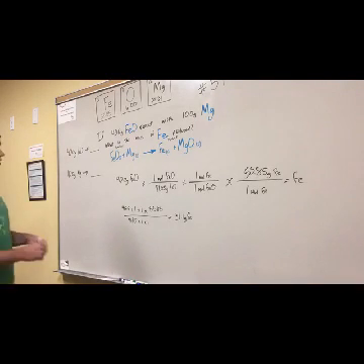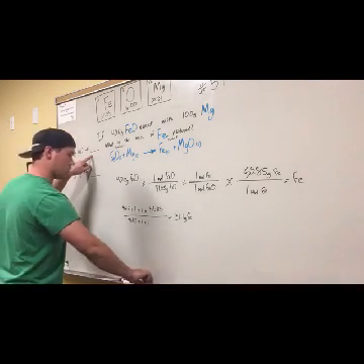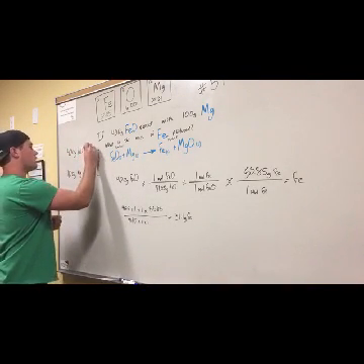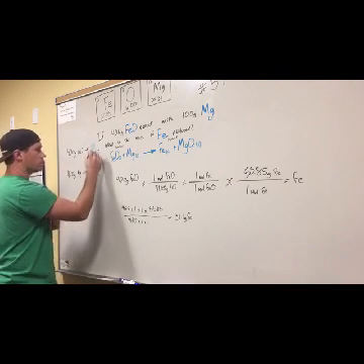Okay, so we know that 40 grams of iron oxide will now yield 31.1 grams of iron.